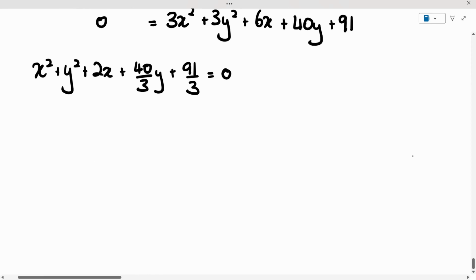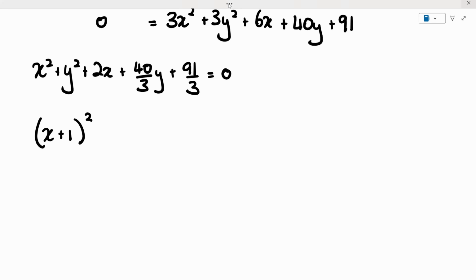And if we want to describe this locus, we could actually complete the square here. Right, so to do that, we'll take x plus 1 squared, and when we expand this, we get x squared plus 2x plus 1.